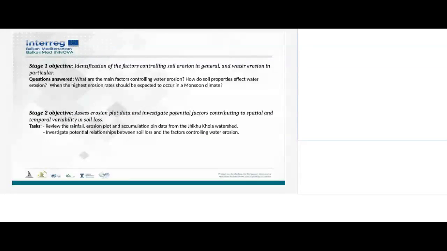What are the soil properties affecting water erosion, and when are the highest erosion rates expected to occur in a monsoon climate? And now we are going to move to the second stage, when we will assess the erosion plot data and investigate potential factors which contribute to spatial and temporal variability in soil loss.